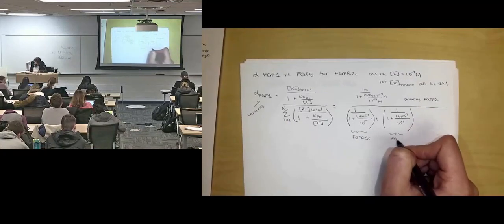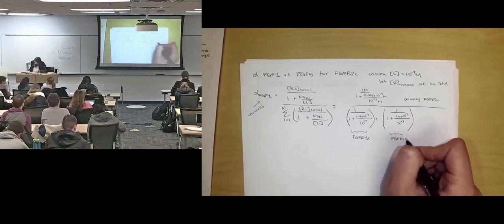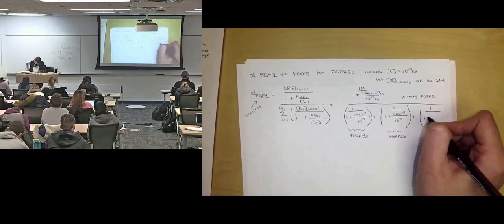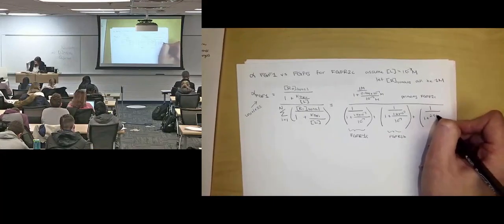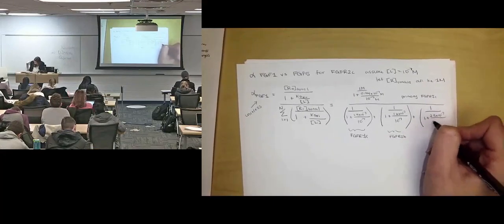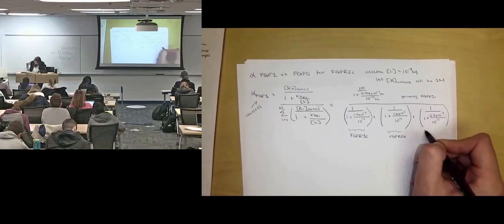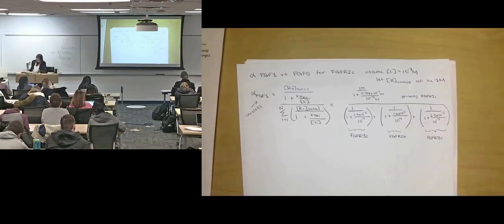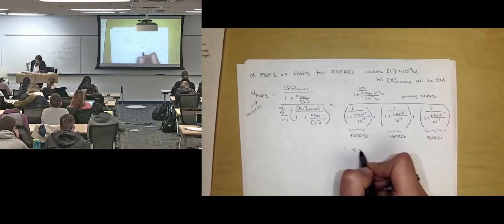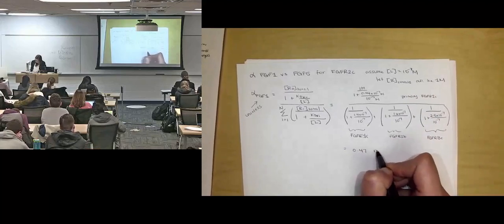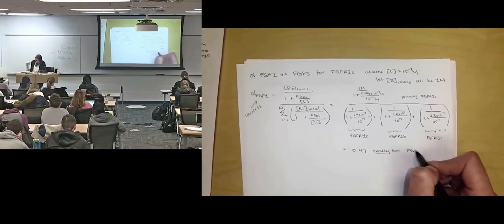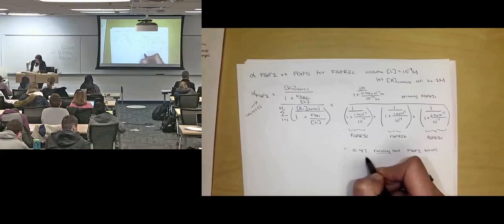This is for FGFR2B. This is 1 plus 2.3 times 10 to the negative 7 over 10 to the negative 7th. And this is for the third receptor. So if you plug all of this into your calculator and do the math, you should get 0.47, or really low specificity. FGF1 binds many targets.